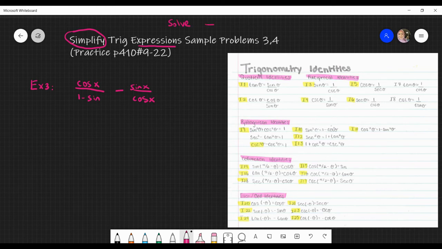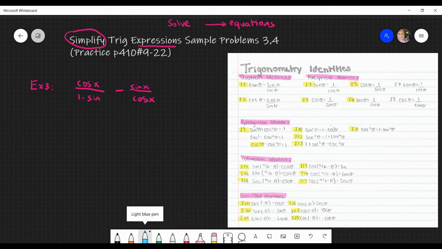We solve when we have an equation. So if this looked like an equation, like equal 0, equal 1, equal cosine x, or equal any other value or expression, that would be solving. We are not solving because we just have an expression and we don't have an equation.